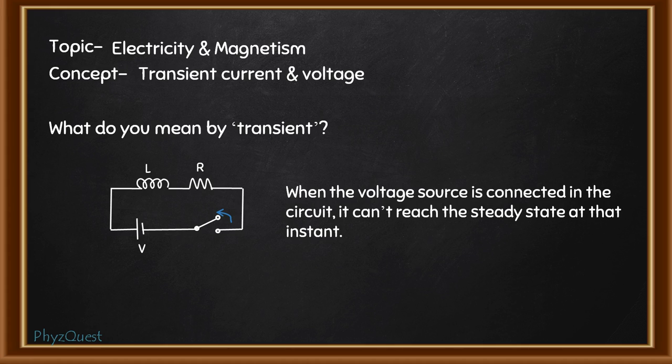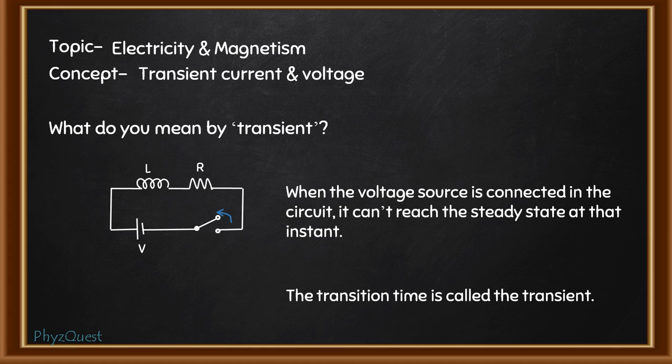But to reach that new value, the circuit will take time. So this transition time is called the transient. The transition process takes place when the voltage source, inductor, resistor, capacitor elements are connected or disconnected. During that transient process, the current and voltage in the circuit are functions of time, and that's why they are called the transient current and the transient voltage.